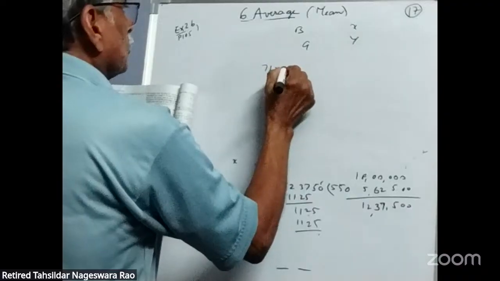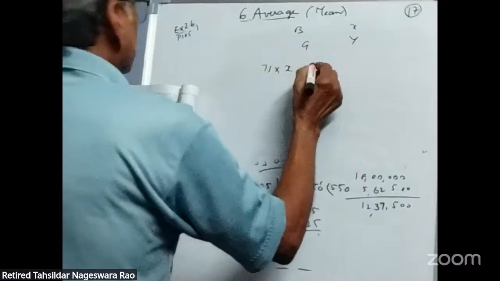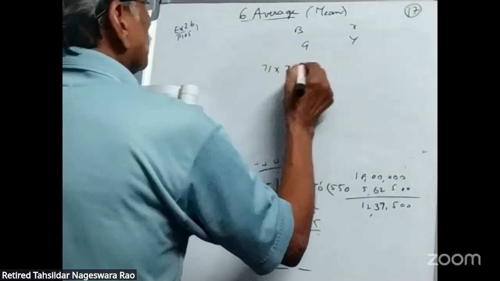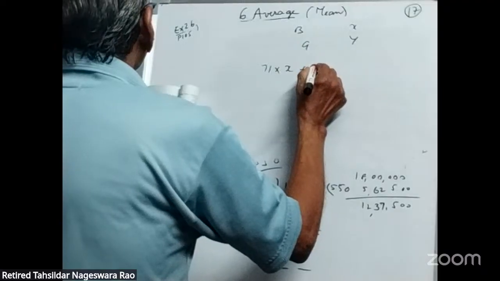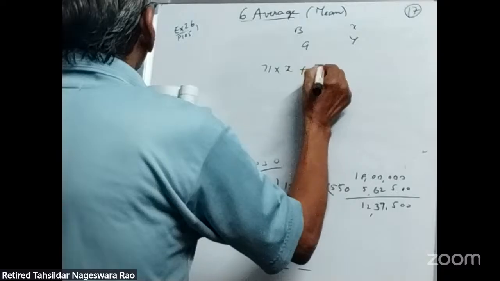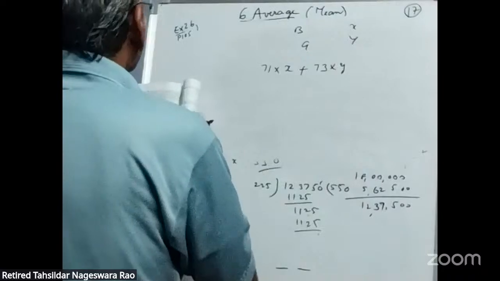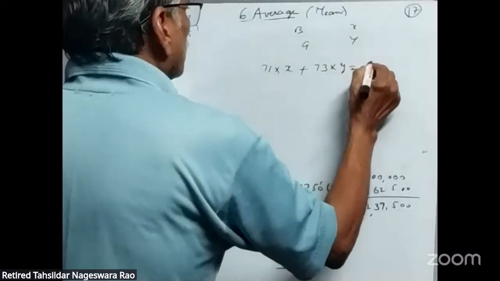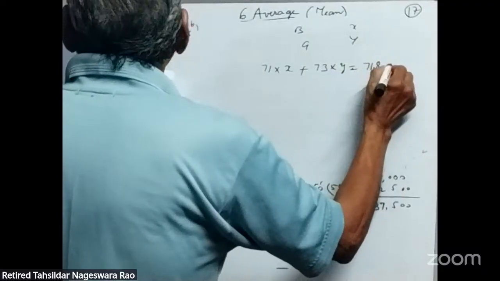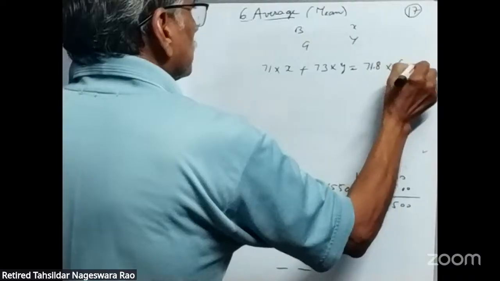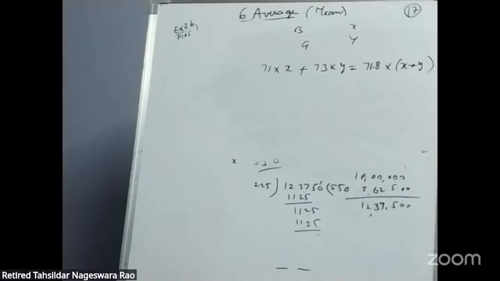Average into boys x, girls average 73 into strength y, by total class average 71.8 into boys plus girls, x plus y. That is the equation required.